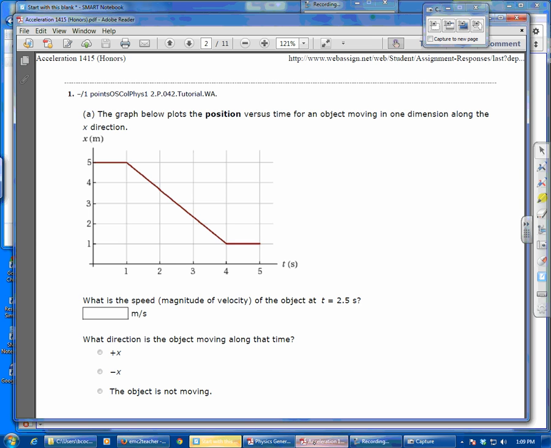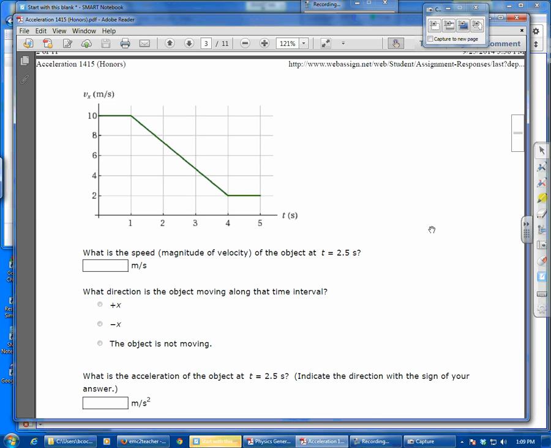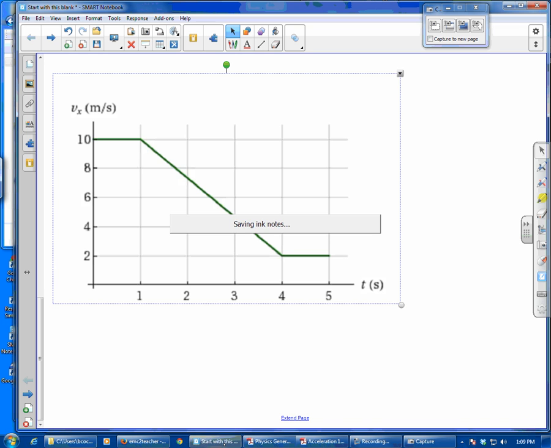Let's grab this one. Question 1 is a long question. What is the speed, the magnitude of the velocity, of the object at 2.5 seconds? So on this velocity versus time graph at 2.5 seconds, what's the value of the speed?